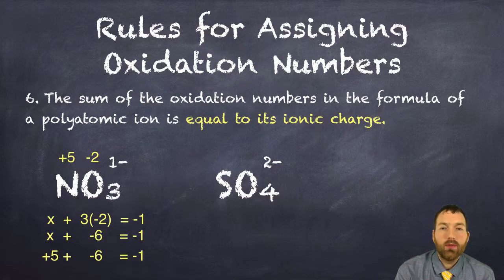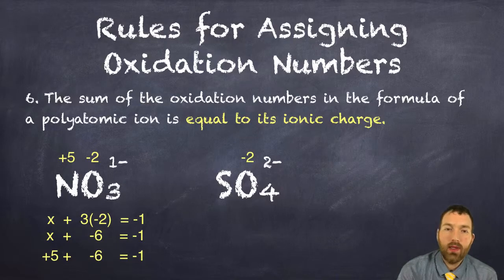Okay, here's another one. Why don't you pause the video and give this a try and figure out the oxidation number of both elements here to make the polyatomic ion sulfate equal a 2- charge. Okay, so of course we fill in oxygen first. It is a -2, and I have 4 -2s. That's a -8 on the oxygen.